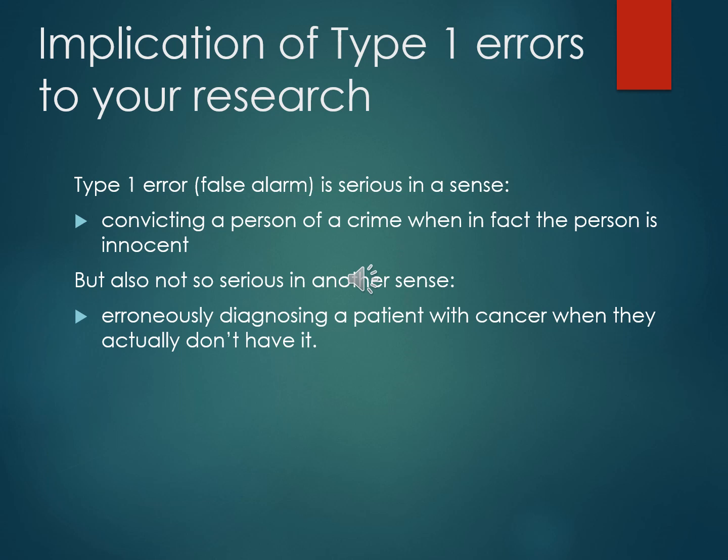The reason is, if you suspect somebody has cancer, you're going to have a follow-up test, and if it's false, it's going to be identified as false in the follow-up test. So there isn't that much bad consequence.